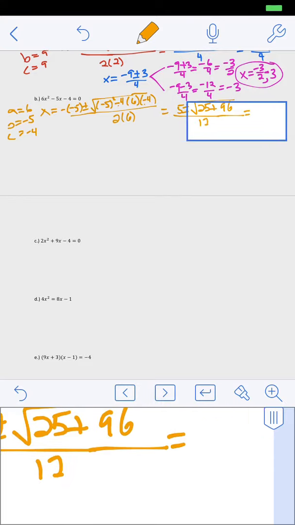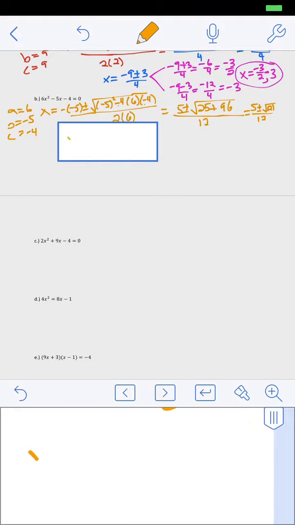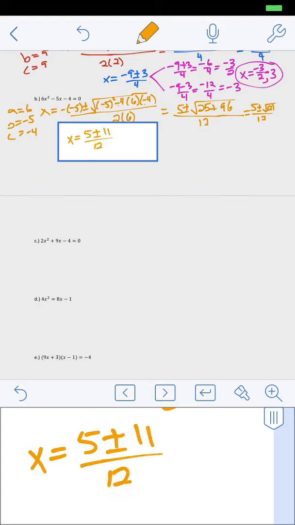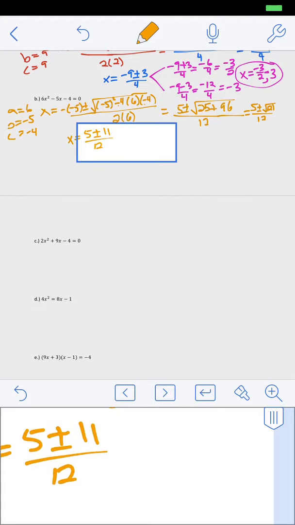That would be 96 plus 25 is 121, so we got 5 plus or minus square root 121 over 12. Again, lucky for us, 121 is a perfect square, so we have 5 plus or minus 11 over 12. And once again, from here I cannot reduce. I cannot simplify until I split them up.